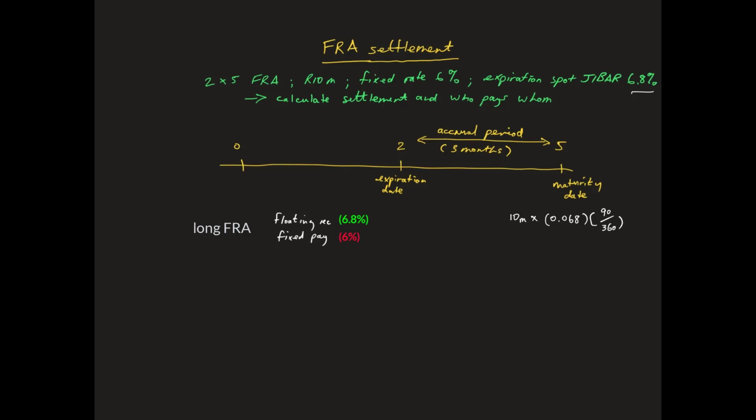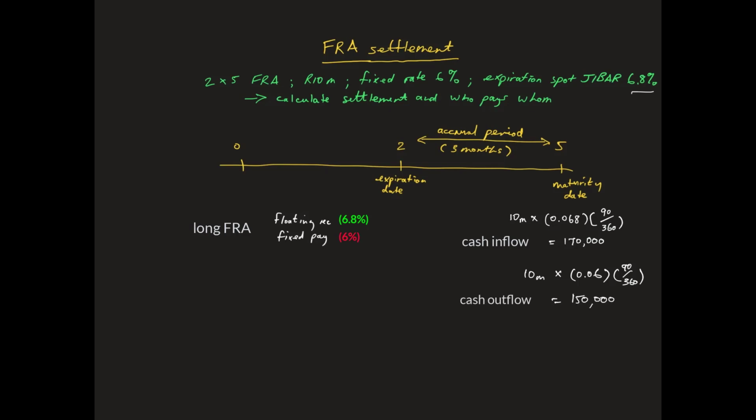We calculate that this receipt will be 170,000 Rand. Then, the long's fixed leg payment obligation on maturity date will be the fixed interest rate of 6% multiplied by the same notional amount and the same simple interest time fraction. The result is a payment of 150,000 Rand.